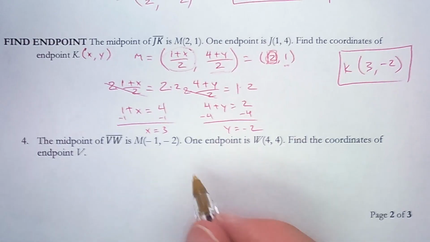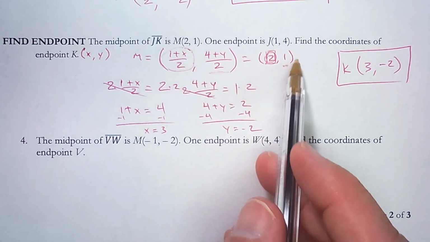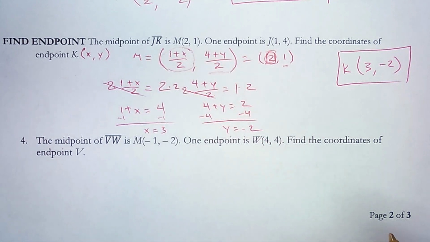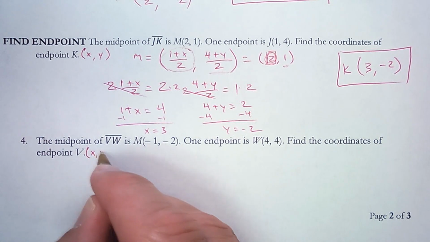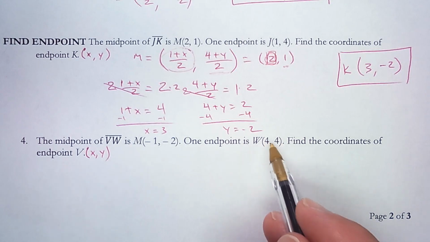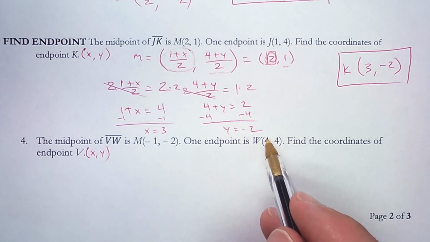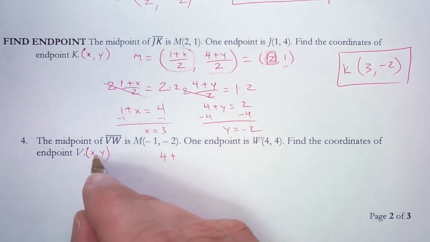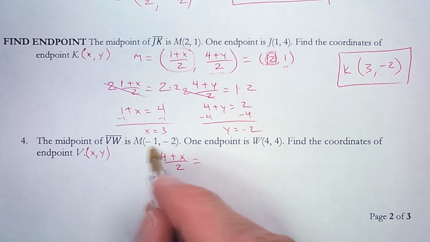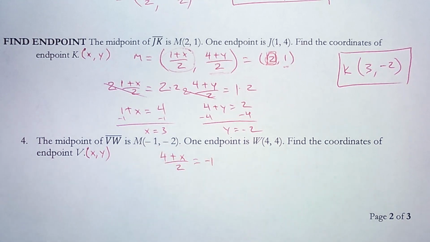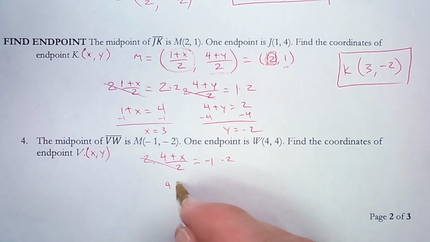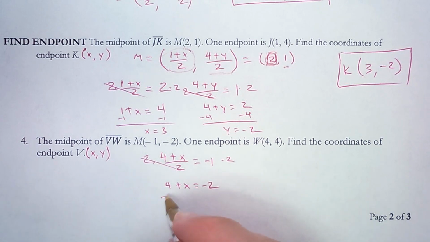Okay, one more like that. This time I'm going to skip this part where I set it up and just go straight to my two equations. So V is an endpoint with an x and a y value. The other endpoint is 4, 4. So to find the x value of the midpoint, I would do 4 plus some x value over 2. And that equals the x value of the midpoint, which is negative 1. So I'll multiply both sides by 2. 4 plus x equals negative 2.